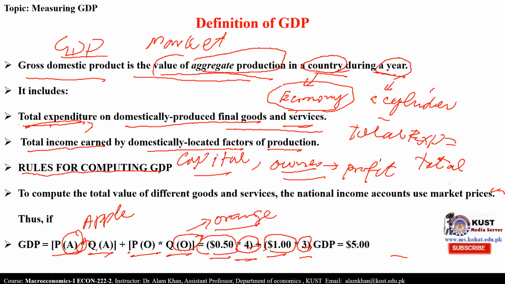So in this particular example, the total GDP will be equal to $5.